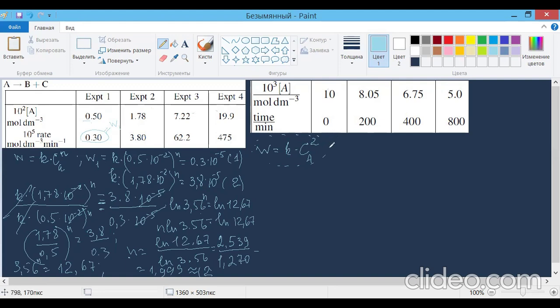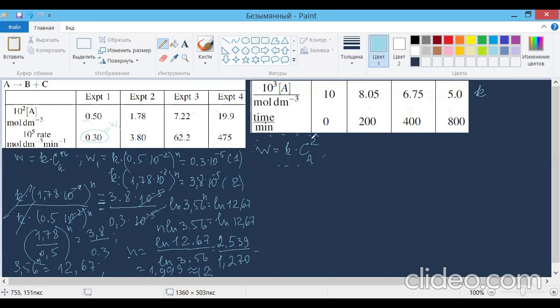In order to prove it, we should calculate the value of the constant k, and if it remains the same for these three series, that will prove that these findings are consistent with our conclusion, which we made on the basis of the data given in the first table.